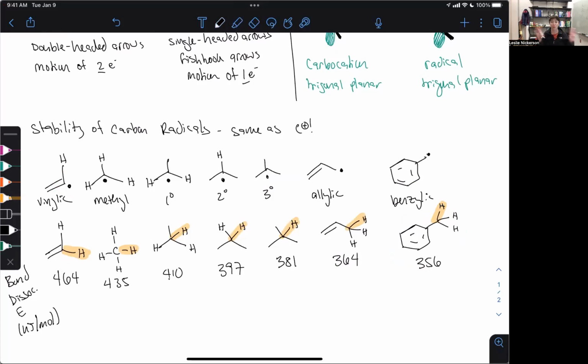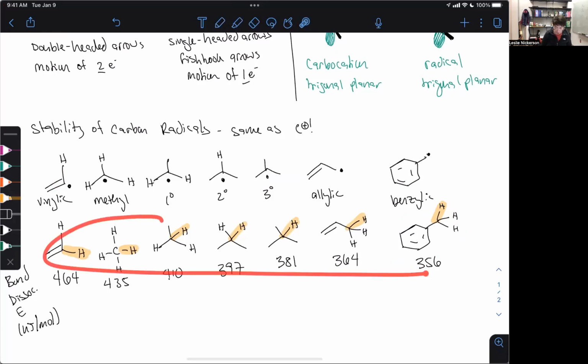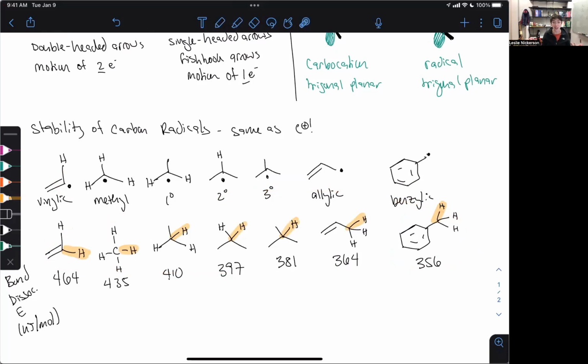Okay. You absolutely do not need to memorize these numbers. I'm giving you the numbers and they're in your book because they are handy to use when you're thinking about radical reactions. But if you are feeling pretty comfortable with the trends of carbocation stability, just make sure that you map the radical ones onto that because they're going to be very similar in terms of their trend and progressions. So do not need to memorize the numbers.